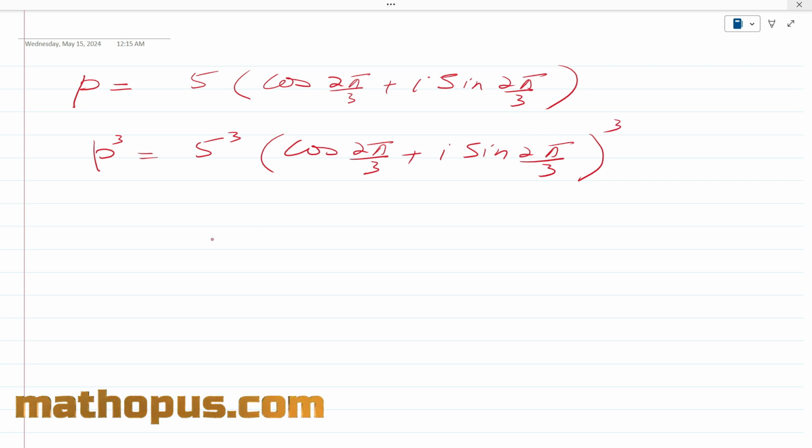De Moivre's theorem says that this power will be multiplied with the angle. 5 cubed is 125. It becomes cos 2 pi plus iota sine 2 pi.